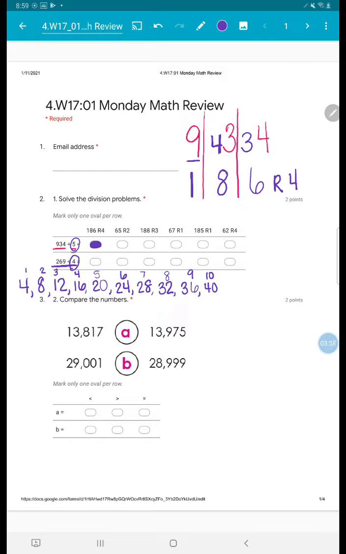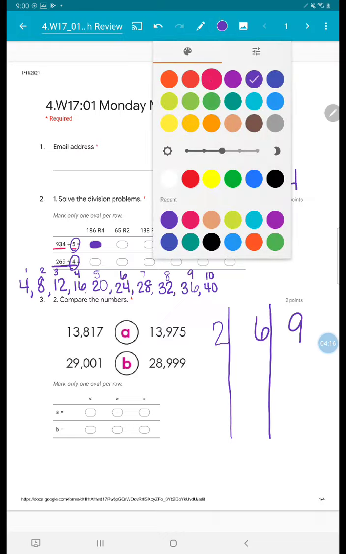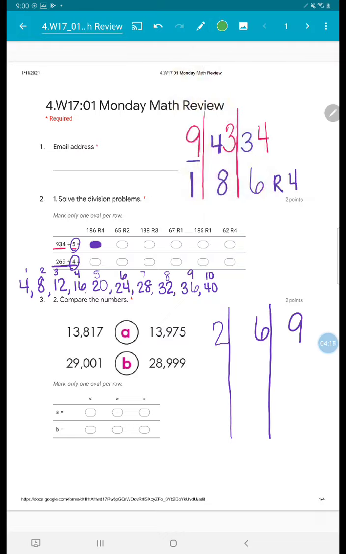So back to my original problem, I have 269 things, and I'm splitting those into 4 equal groups. So I'm putting those numbers on my place value chart. 269. So I have 2 hundreds, and I need to put 2 into 4 equal groups. 1, 2, 3, 4.